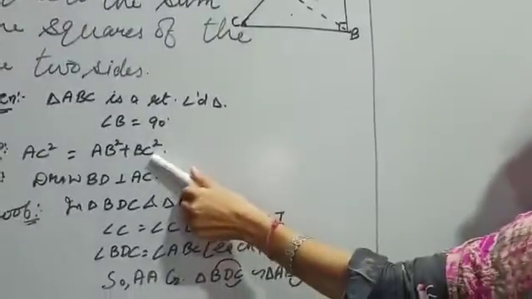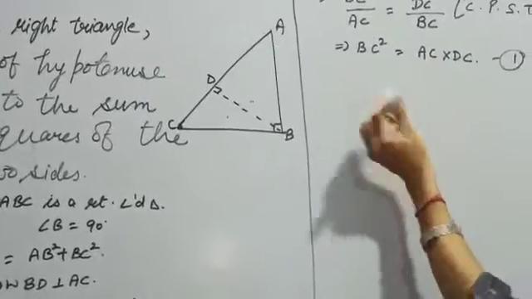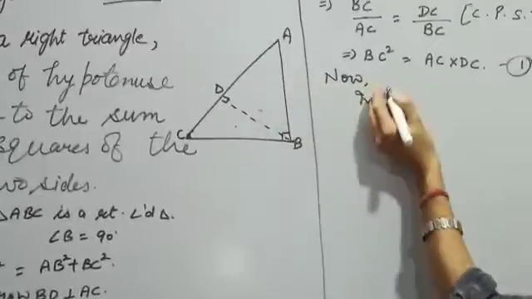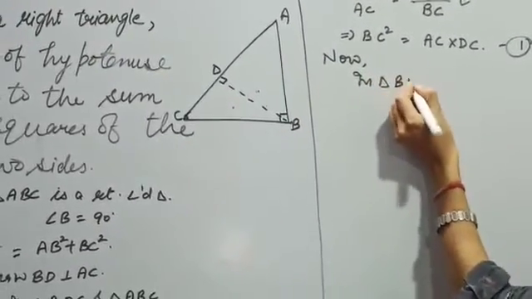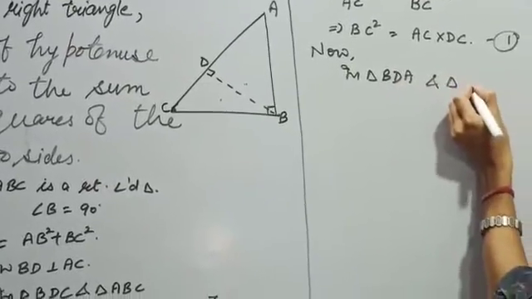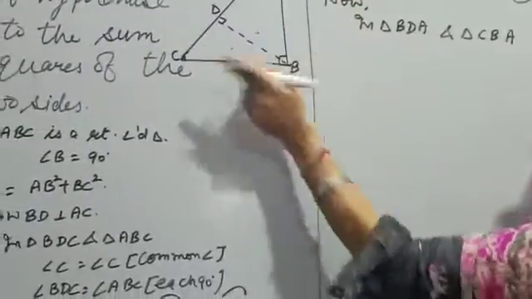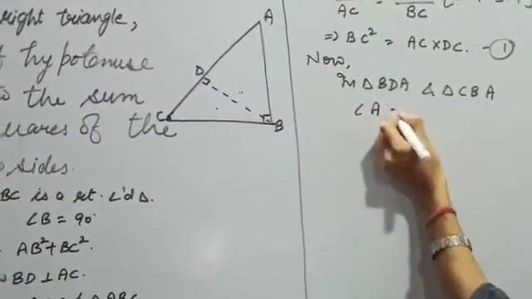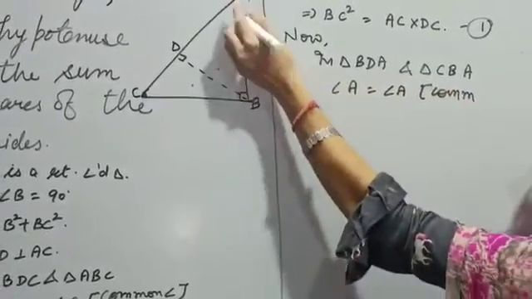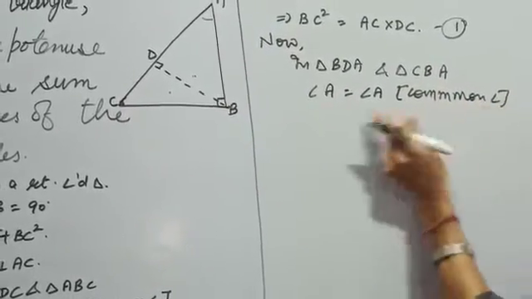So in one part we found the value of BC square. Now we will write, in triangle BDA and triangle CBA, or we can write ABC triangle also, angle A is equal to angle A. It is the common angle between both triangles, one the smaller triangle and one the bigger triangle.